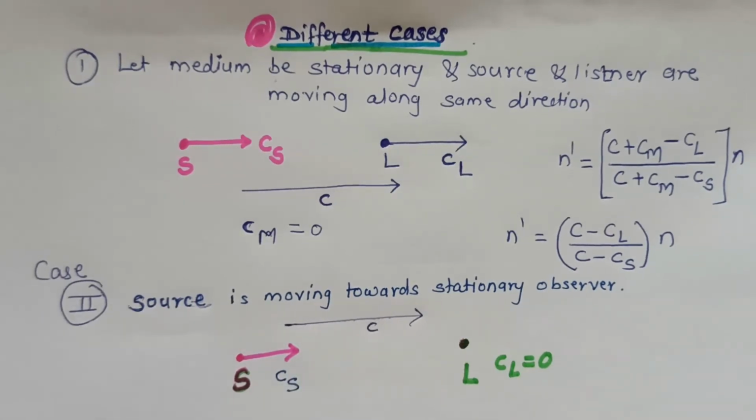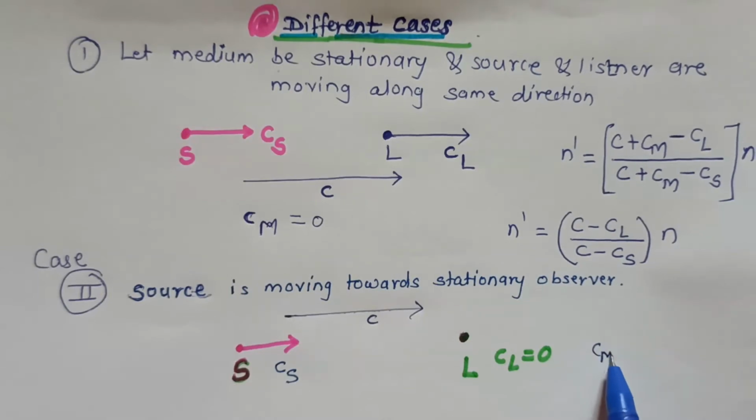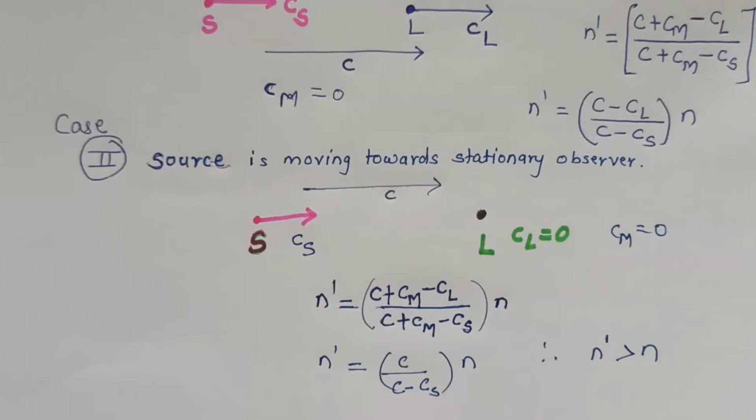In each case, consider the medium as stationary, so cm is equal to 0. Therefore, the formula for apparent frequency becomes n dash is equal to (c plus cm minus cl) divided by (c plus cm minus cs) into n.